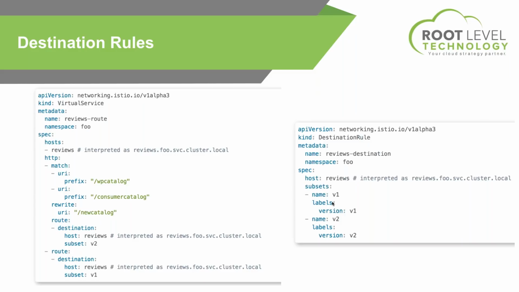In this case, subset v1 is going to look for pods with the label version: v1, and subset v2 is going to look for things with the label version: v2. You can also put weights and routing rules and other things in here so that it's not just round robin.